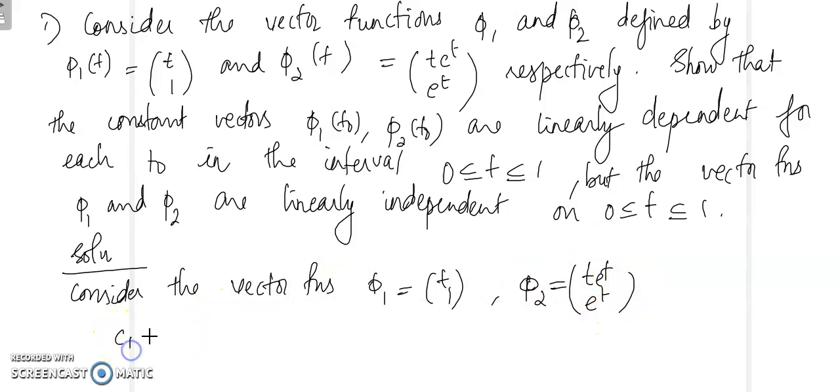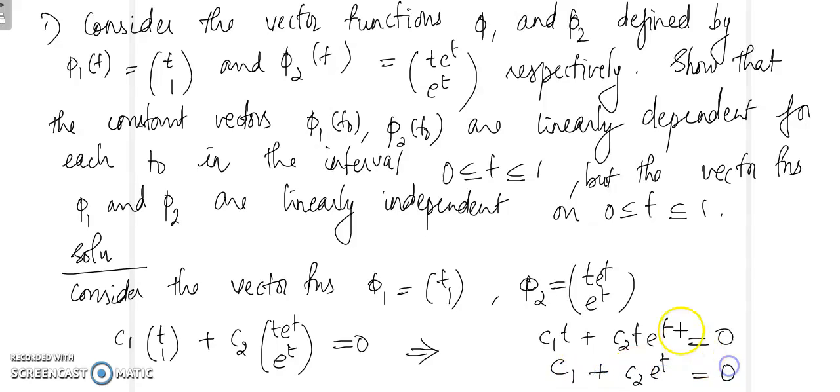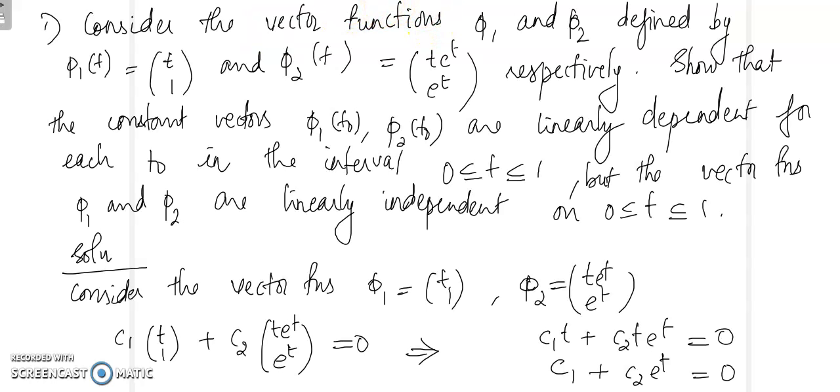So when you take c1 (t, 1) plus c2 (t e raised to t, e raised to t) equal to 0, that implies c1 t plus c2 t e raised to t equal to 0, and c1 plus c2 e raised to t equal to 0. In the first equation t will cancel off, so the remaining equation is c1 plus c2 e raised to t equal to 0.